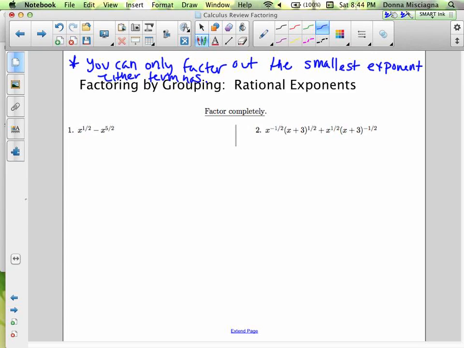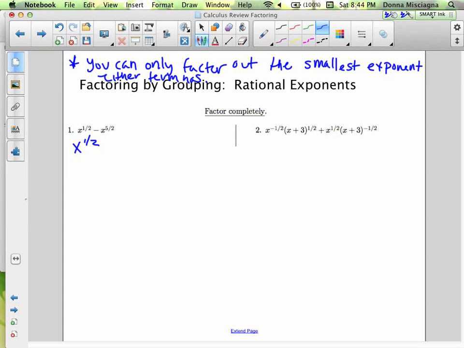So 1/2 and 5/2, which is smaller? 1/2 is smaller than 5/2. So all I can factor out is 1/2. So we're going to factor out x to the 1/2.